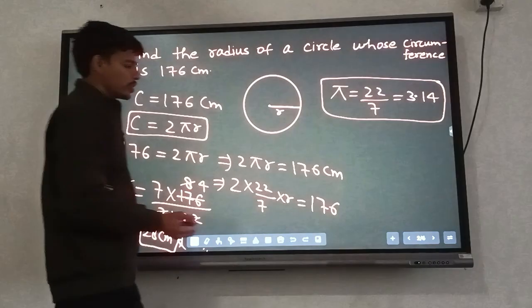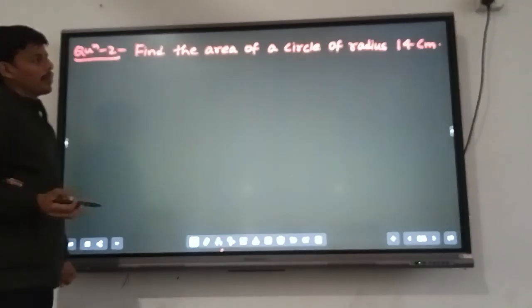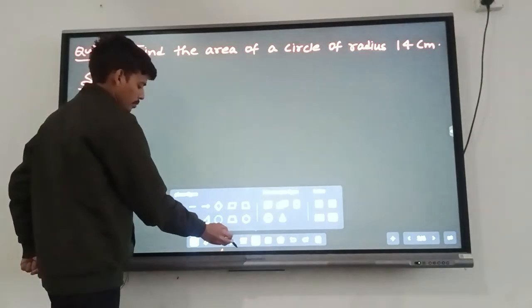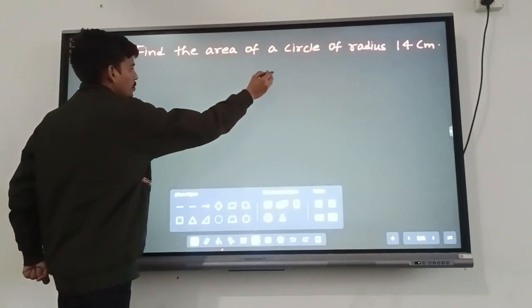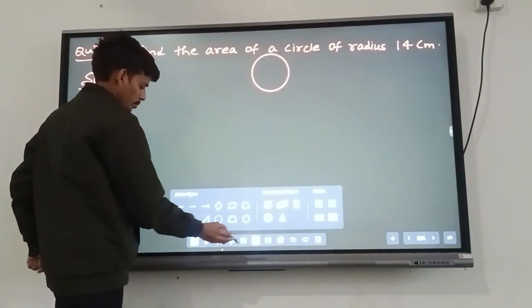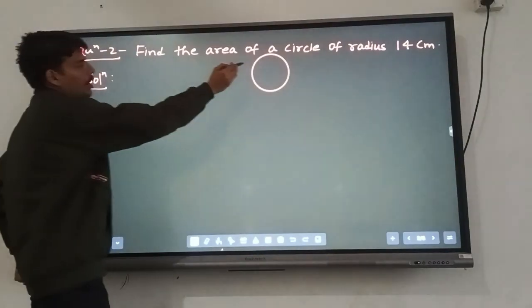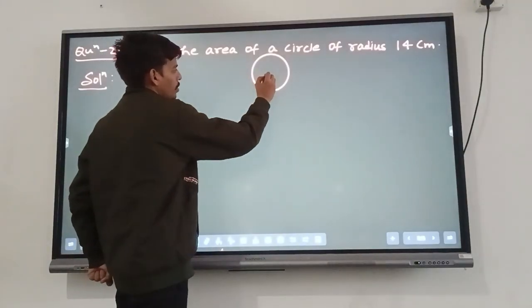Now for the second question. Find the area of a circle of radius 14 centimeter. It is a circle and the radius is 14 centimeter.